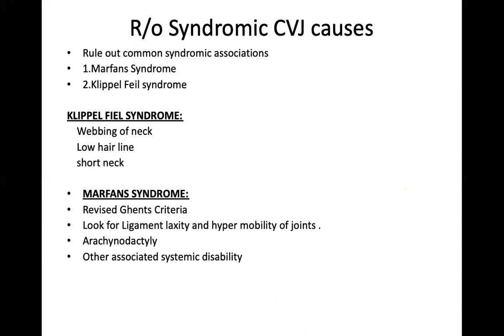So this can be a parallel discussion. And the common syndromes, Klippel-Feil, Marfan and Down, you should know thoroughly: what the problems are, how each is diagnosed, how it is managed. Okay, what are the special considerations for managing such cases?